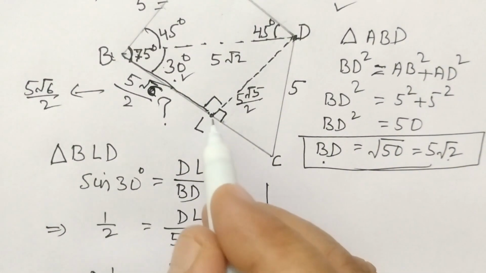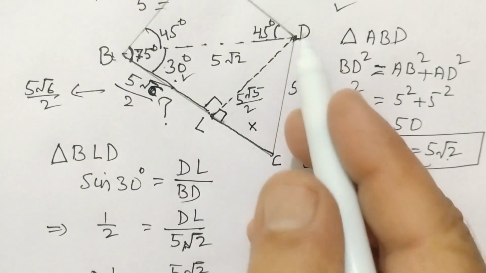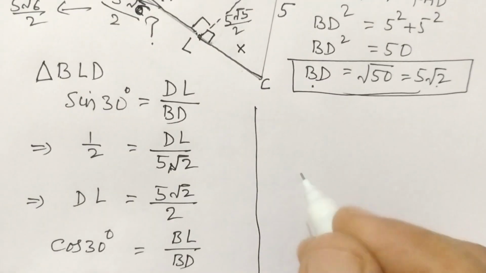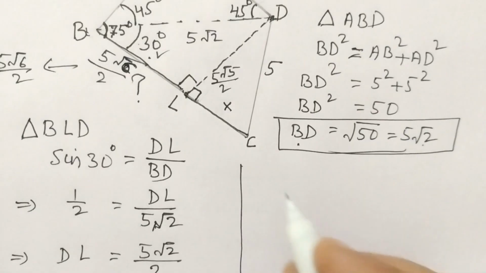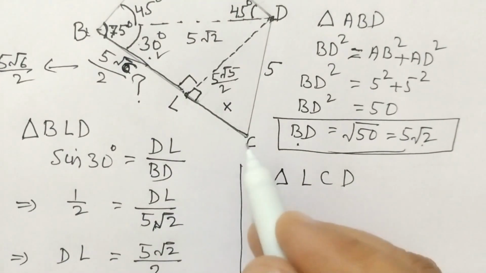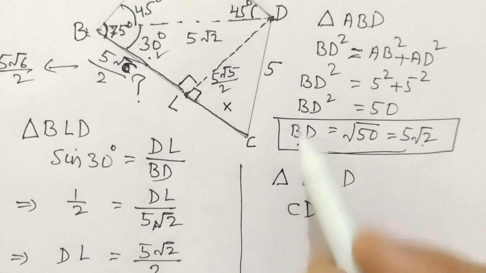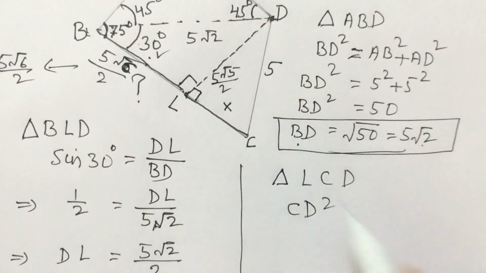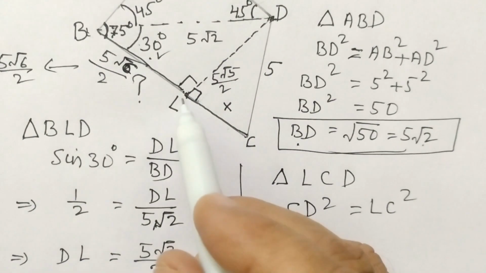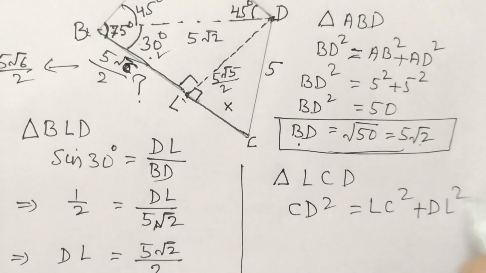Okay, now we need this length. So we will take this triangle LCD. Using Pythagoras theorem, CD square is equal to LC square plus DL square.